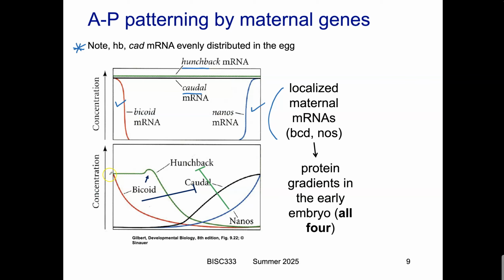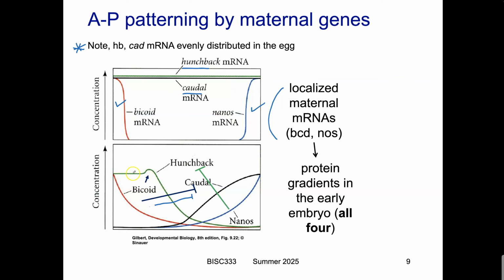And then when those get translated, bicoid protein is made. Bicoid prevents, that's what this symbol means, the translation of caudal. So there's no caudal protein up in the anterior end, but bicoid does activate transcription of hunchback.